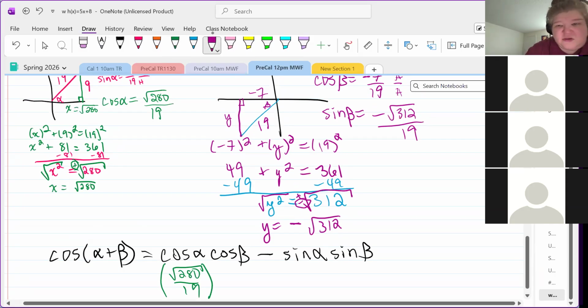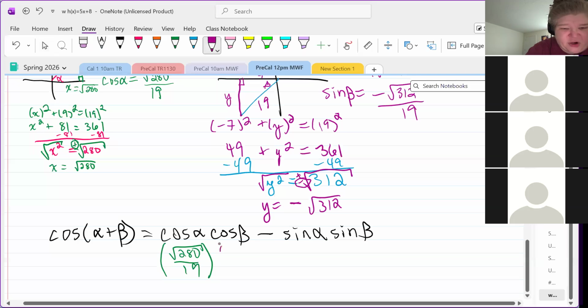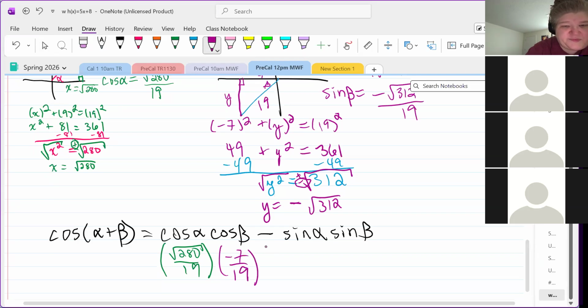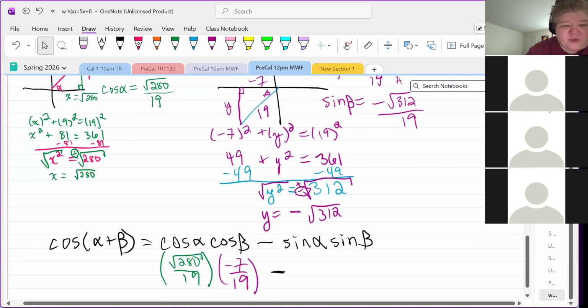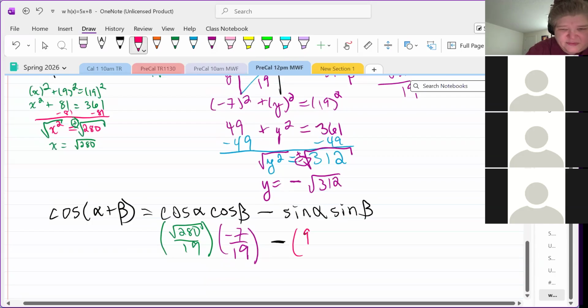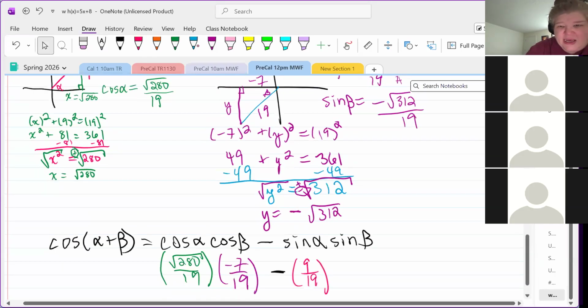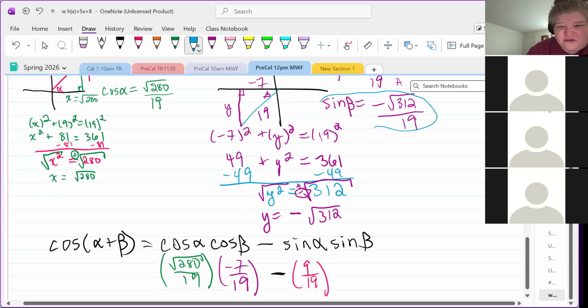Cosine beta was that -7 over 19. Minus sine alpha was 9/19. And then sine beta was negative square root of 312 over 19.